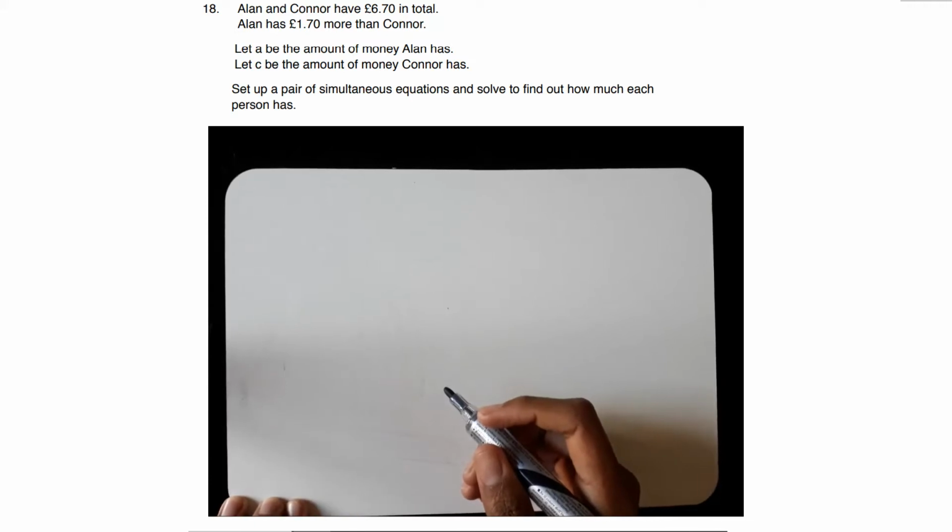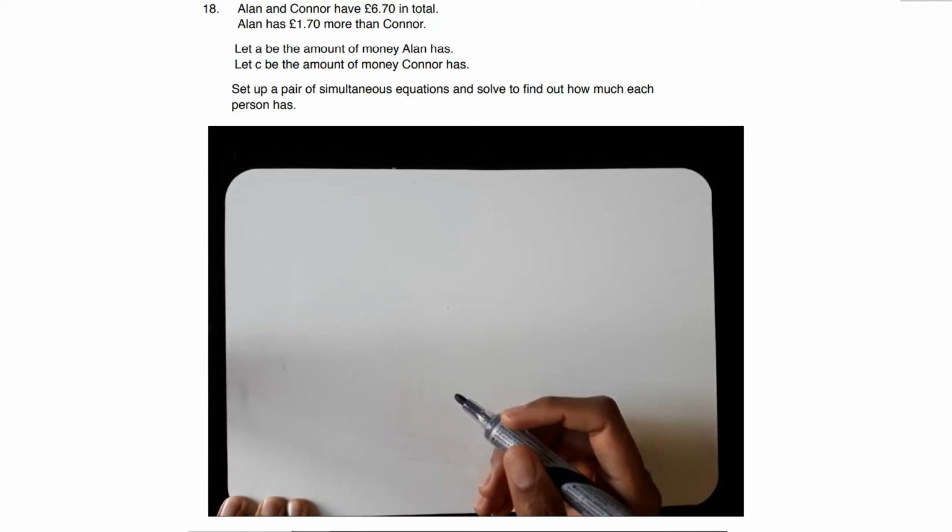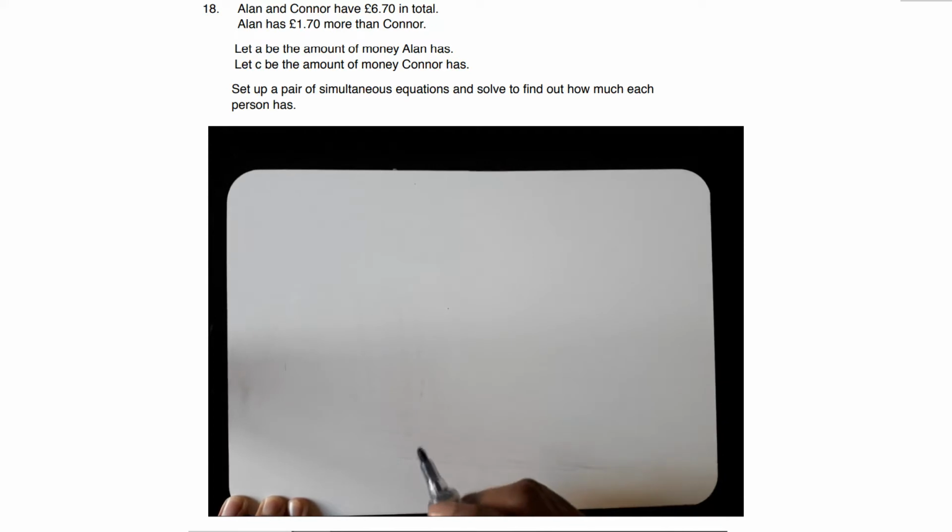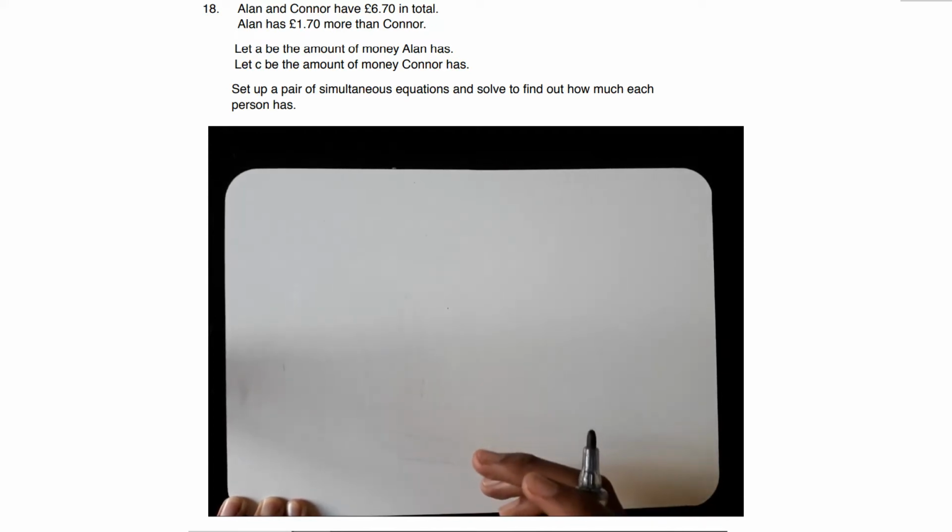Okay, this next question looks a bit long, but it's really not that difficult. It says Ellen and Connor have 6 pounds and 70 pence in total.